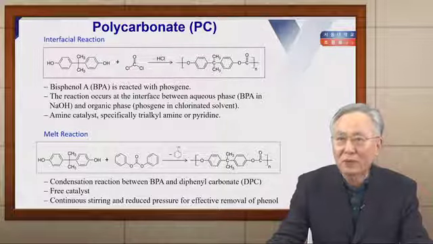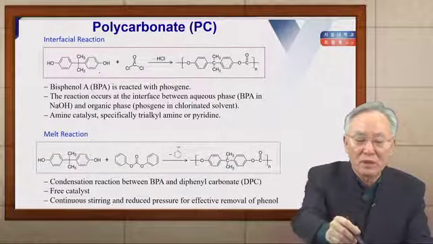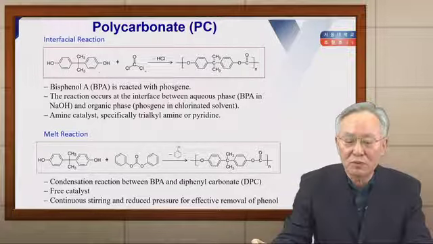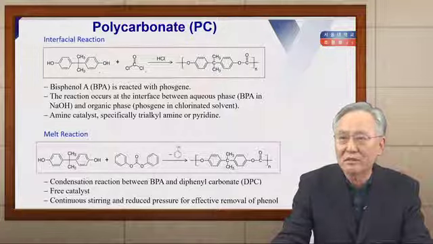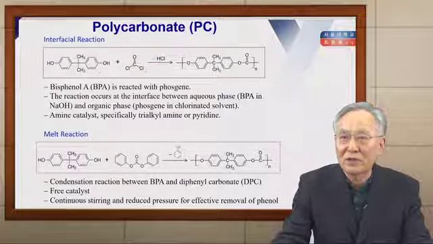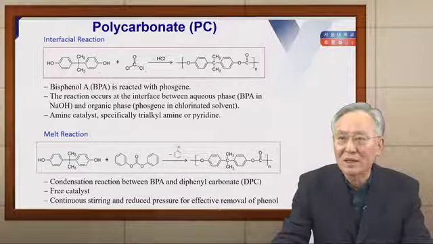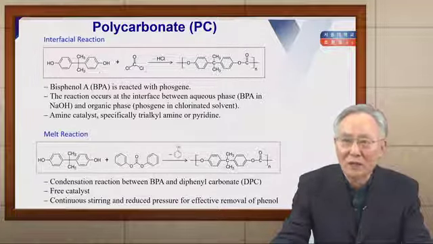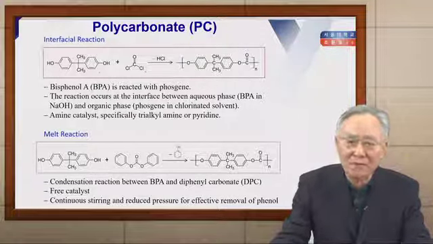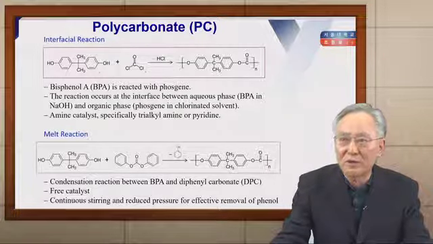In the interfacial reactions, bisphenol A is reacted with phosgene to produce polycarbonate with the removal of hydrogen chloride. The interfacial reaction takes place at the interface between the aqueous phase, that is, BPA dissolved in sodium hydroxide aqueous solution, and the organic phase, that is, phosgene dissolved in chlorinated solvent.